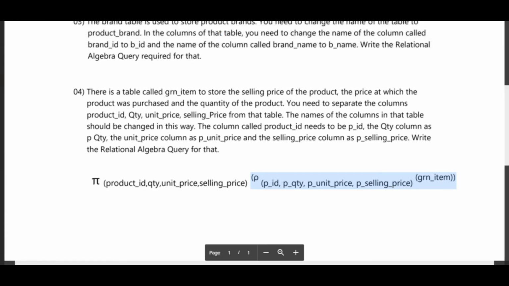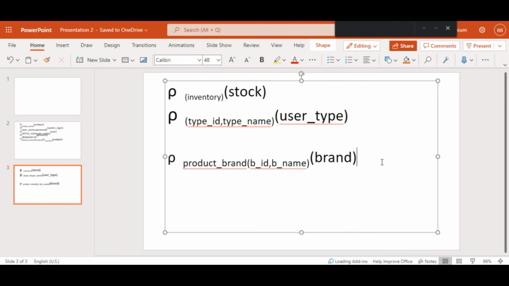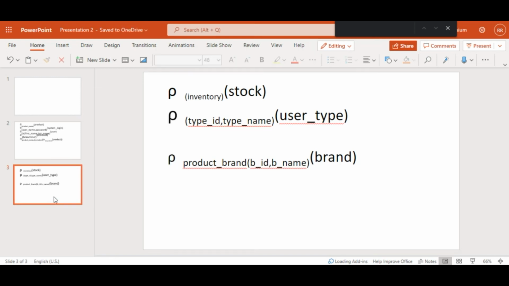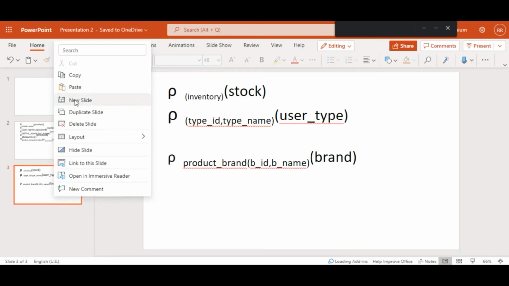So let's write the query again for the question. First of all, I'm going to do the rename process. Let's answer this question inside a new slide.